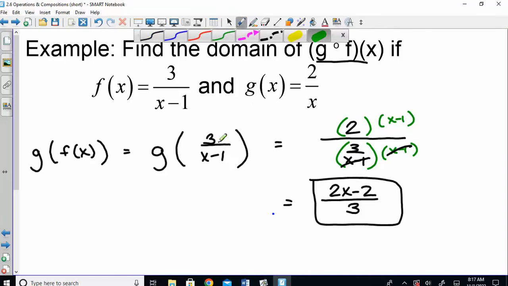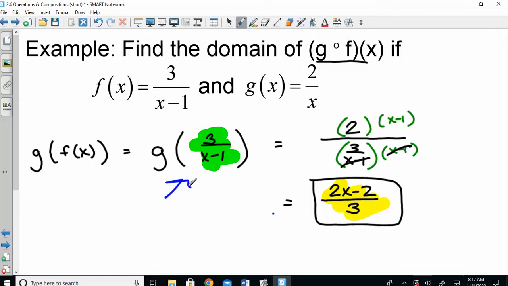Domain. We look 2 places: the original inside and the final answer. So for this, what can x not be? All right, what about this one? Right, the bottom can't be 0, but does 3 ever equal 0? No, so you could really plug in anything.